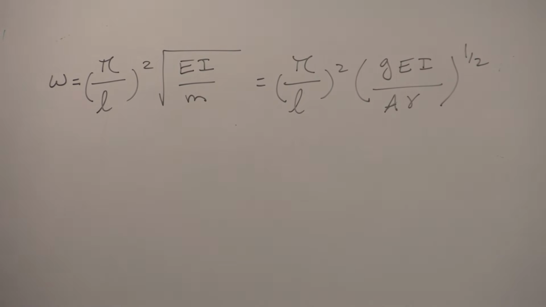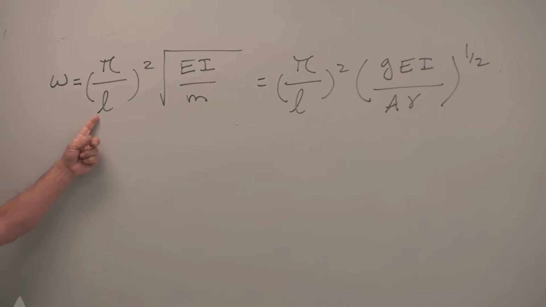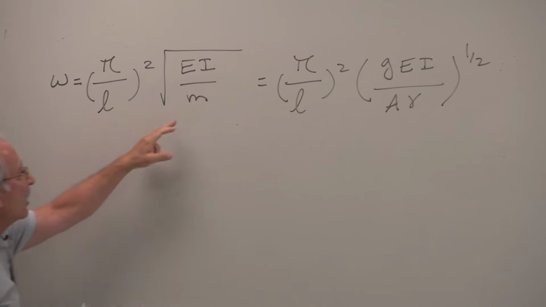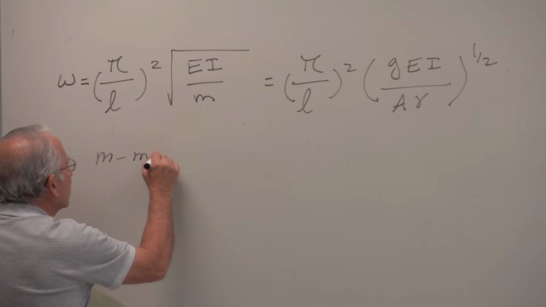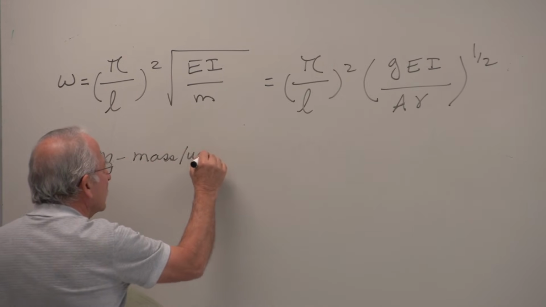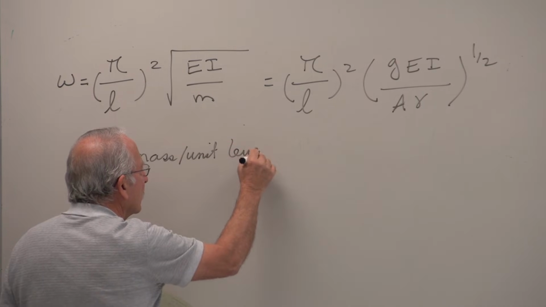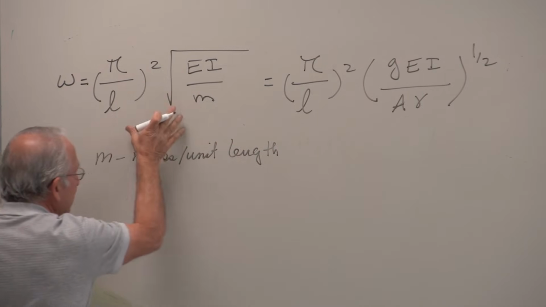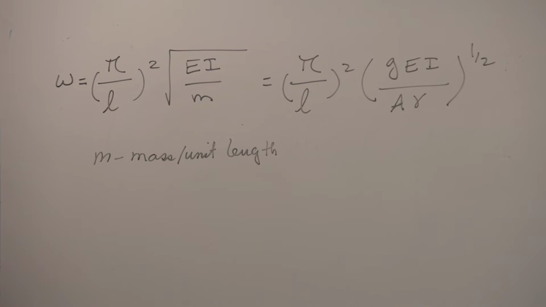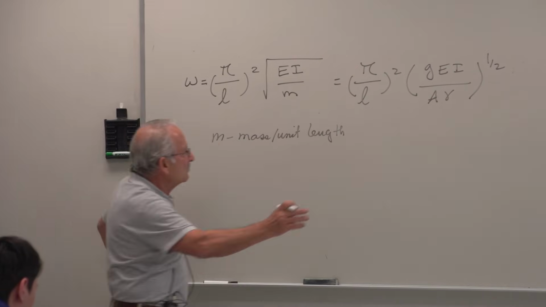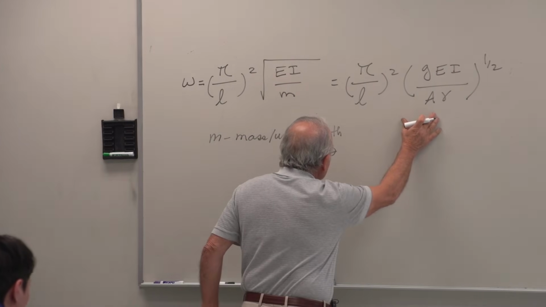In these equations, L is the length of the shaft. M is mass per unit length. This part of the equation would be convenient in the metric system, where you usually have mass. This one would be convenient for the US customary system.